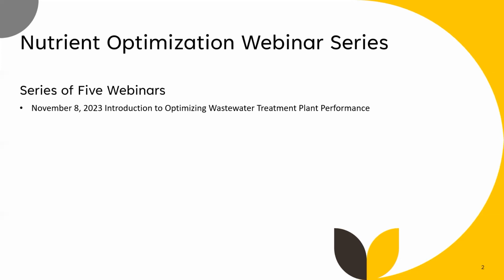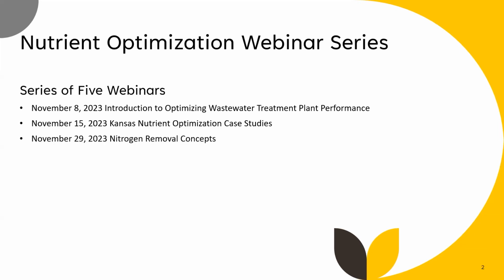And we will also talk about some of those questions that you might get asked by your city managers or your city councils, like, why are we even doing this? We're going to cover a little bit about the science behind nutrients and water quality issues. November 15th, we're going to talk about some case studies from here in Kansas where nutrient optimization has worked quite well. So we'll be covering those next week.